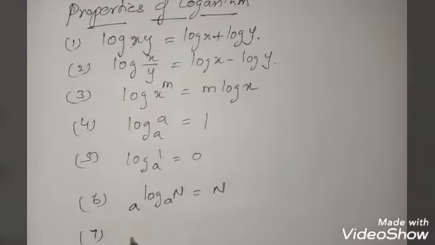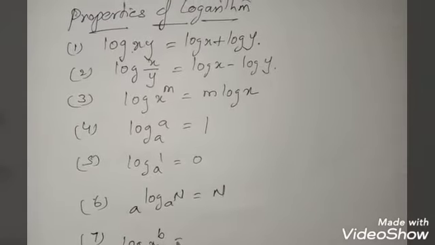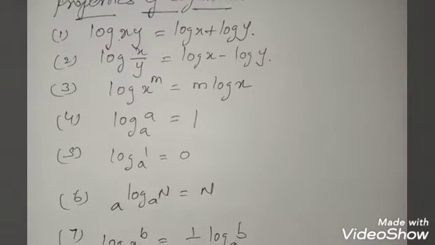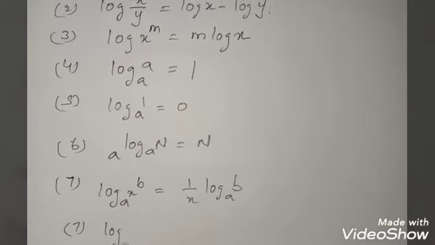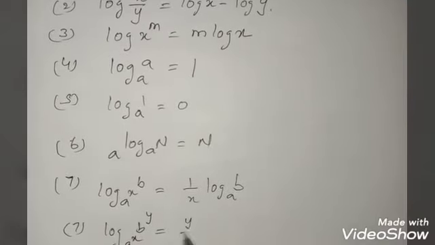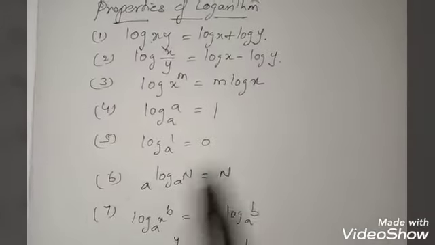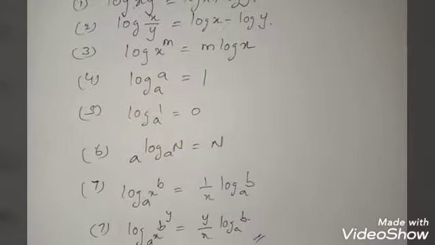Next, the seventh property is log base a to the power x of b is equal to 1 by x log base a b. For this you have another formula also, that is log base a to the power of x of b to the power of y, we can write as y by x log base a b. So these are the properties of logarithms which are useful to solve any problems of logarithms.